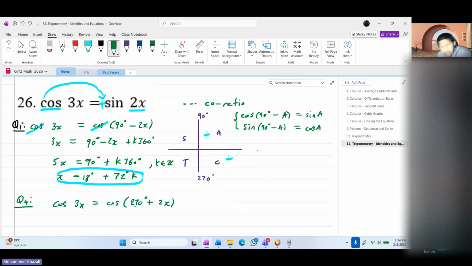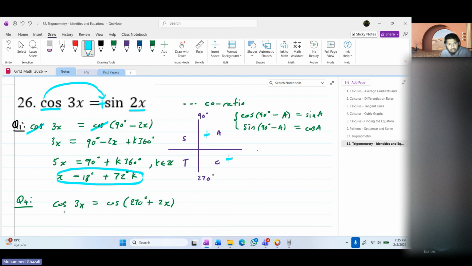Let's check if cos of 270 plus 2x is actually sine 2x. 270 plus 2x is in the fourth quadrant. Cos is positive and cos changes to sine because of 270. So it reduces to sine 2x. Yeah, so it works.